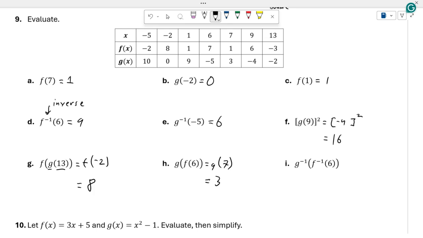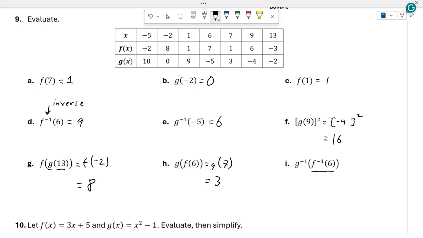So for 9I, we're still working from the inside out. The inside is saying f inverse of 6. So what is f inverse of 6? That's saying what is the input into f that, when you plug it into f, you get a 6 as the result? We're going to figure out what that is.